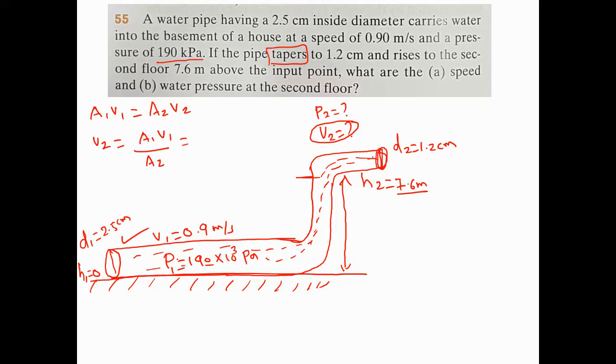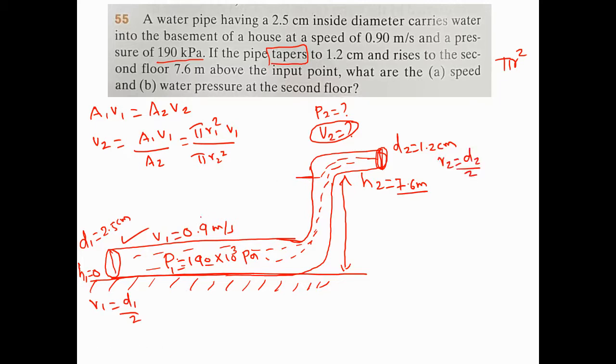The diameter is given, and it is the area of a circle, pi r square. So I can write pi r1 square multiplied by V1 divided by pi r2 square. My r1 is d1 over 2, and my r2 is d2 over 2.